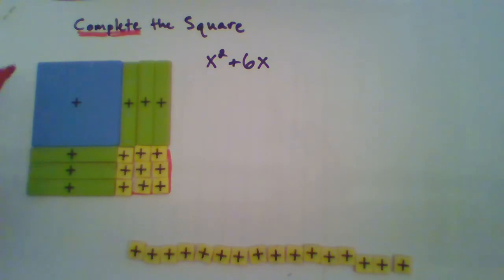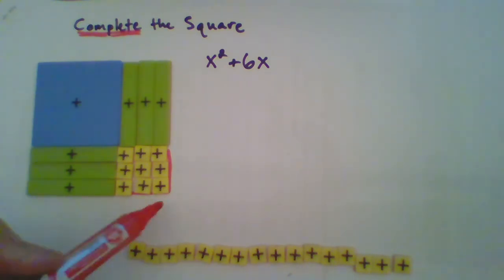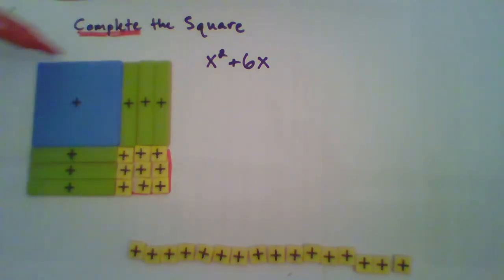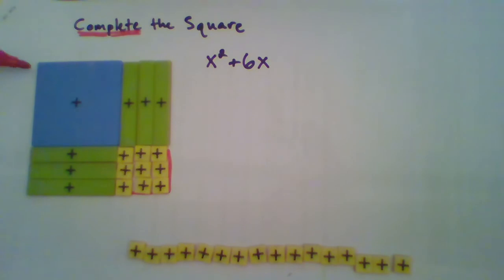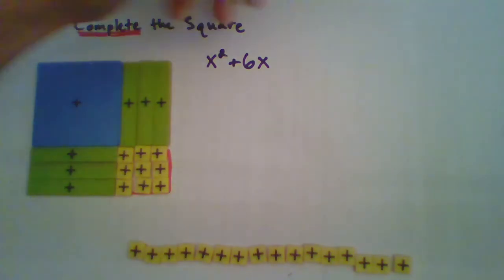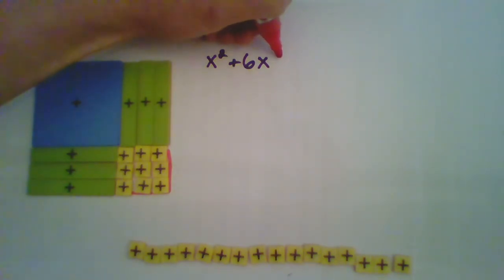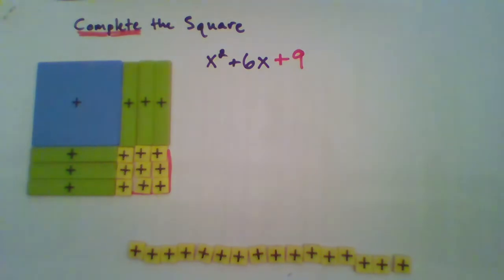And now you can see that we have a completed square. This length is x plus 3, x plus 1, 2, 3, and this side also is x plus 3. So what we've done here is to complete the square, we had to add these 9 tiles. So I'm going to write that over here. I had to add 9 tiles.